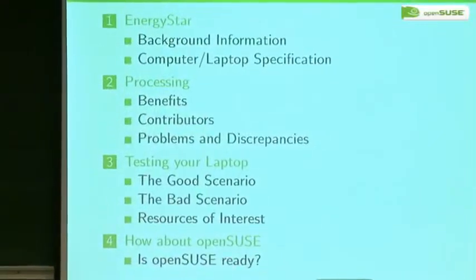Then I will come to a section where I will tell you how you can test your laptop for Energy Star compliance if you ever want to. And finally, I have a short part about the status of Energy Star in openSUSE.